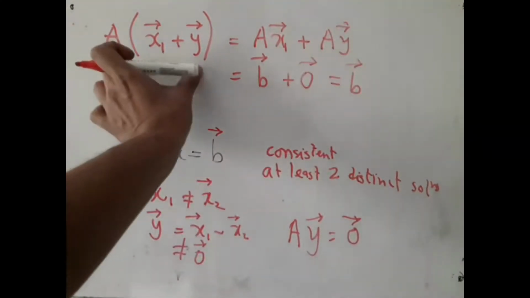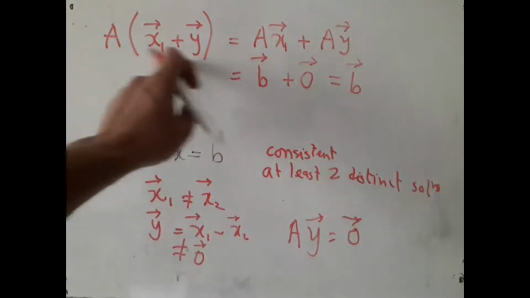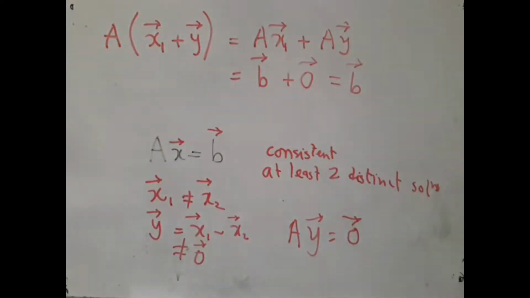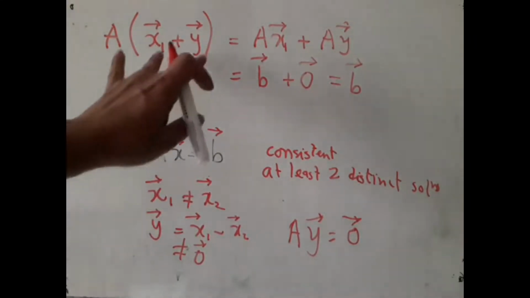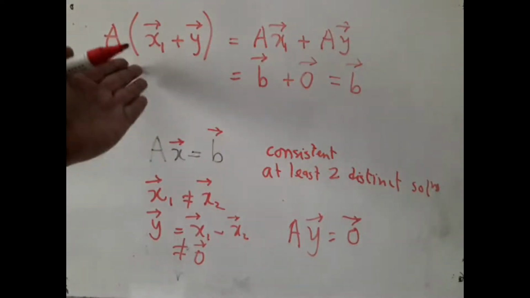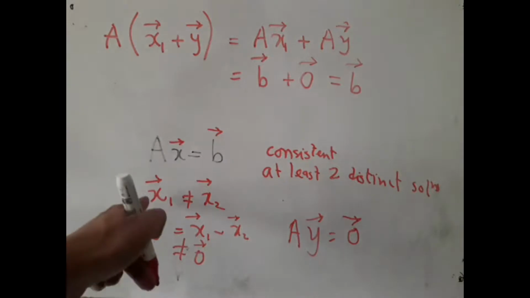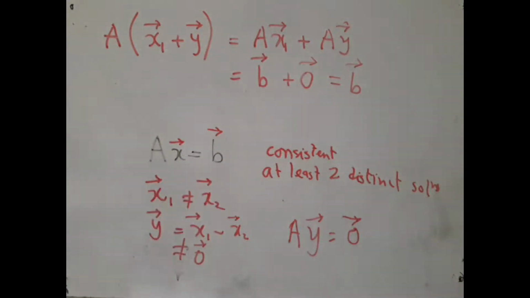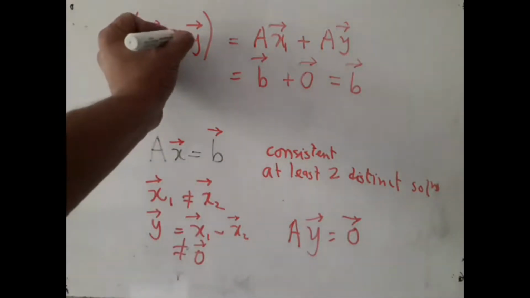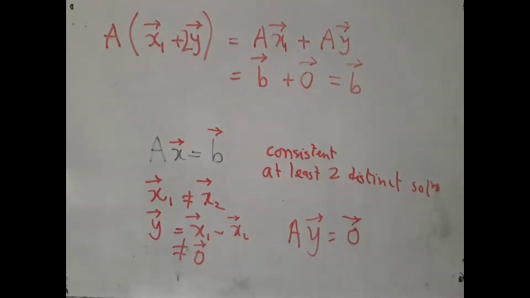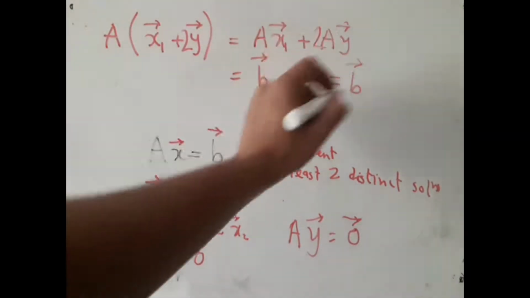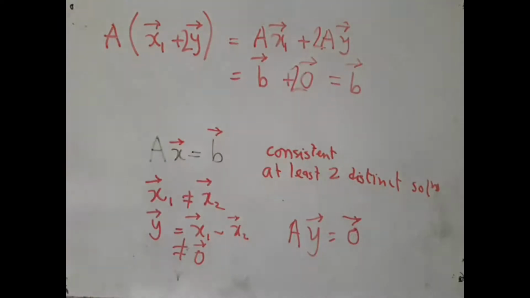So A times this vector is also b, which means this is a solution to my system. Well, that is nothing very profound because this is actually something different from both x1 and x2. Well, I can also make this 2 times y, then I will get the 2 out, 2 times 0 is 0, so that is also a solution.